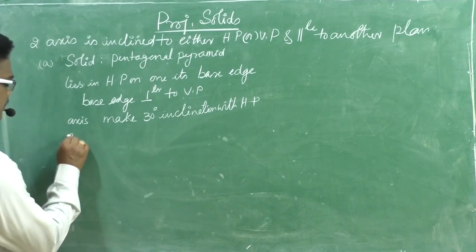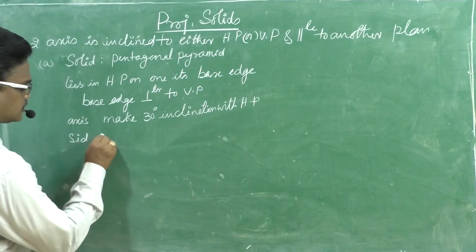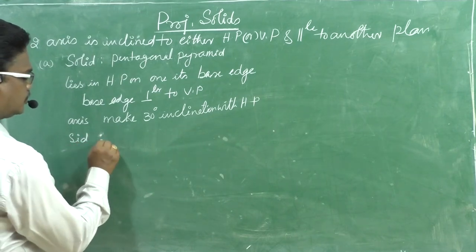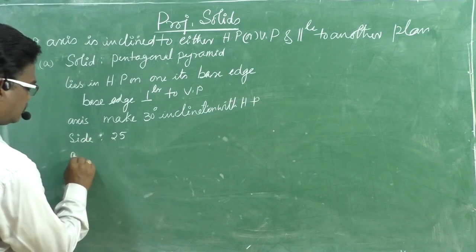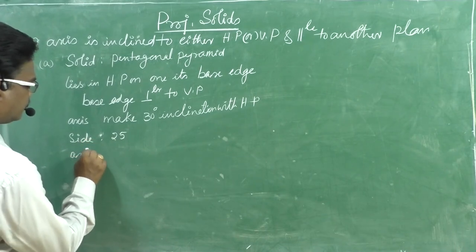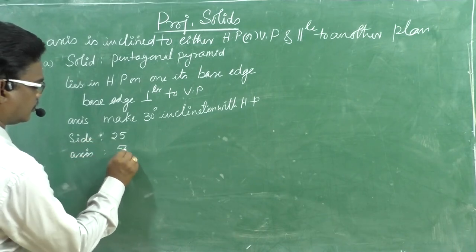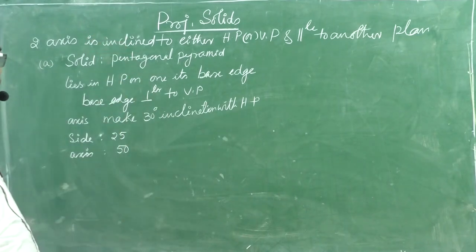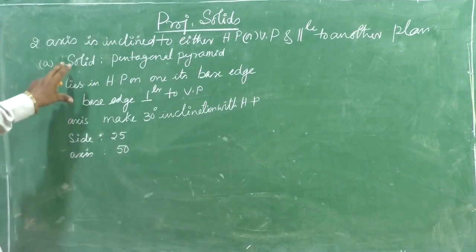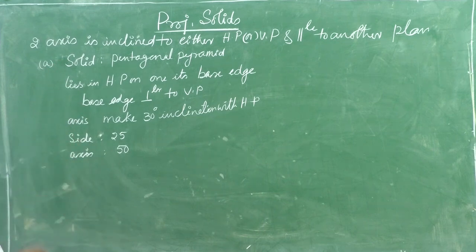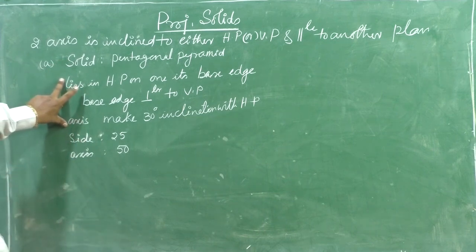Side equal to 25 mm. Axis height equal to 50 mm. Okay, these are the parameters. Type of solid, side and axis. These are the geometric parameters of the pyramid. And these three give us the position of the respective solid.